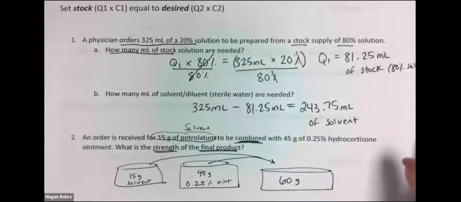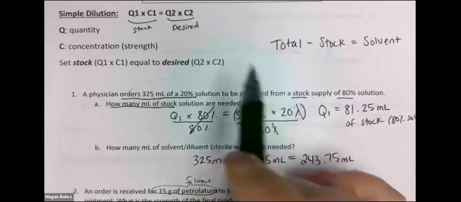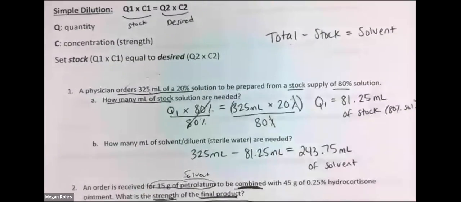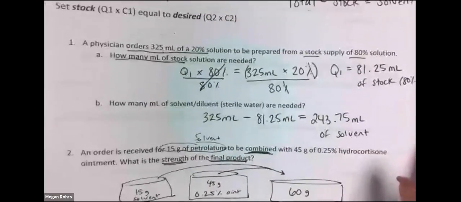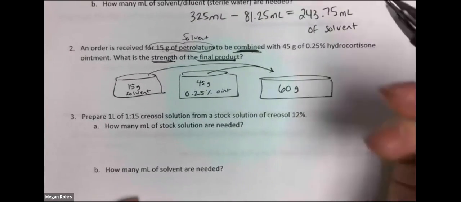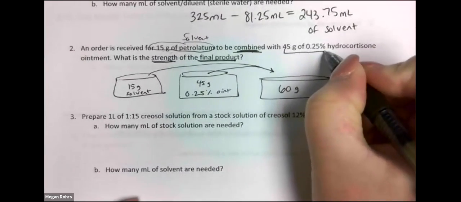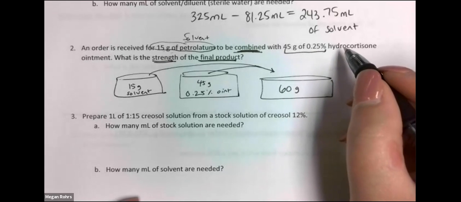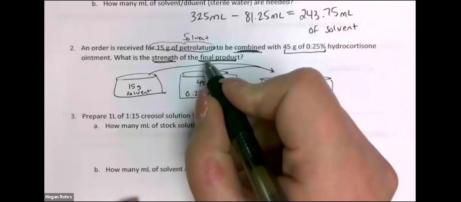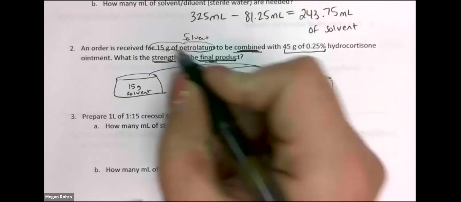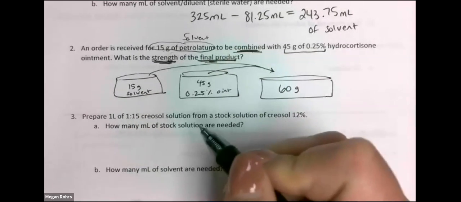So let's look back at our equation here. So remember, set your stock equal to your desired. Well, what do I know about my stock here? They tell us that our stock, we have 45 grams of a 0.25% ointment, and we're going to set that equal to our desired, which we just said was our final quantity here is 60 grams. We're going to be looking for the final strength, okay?